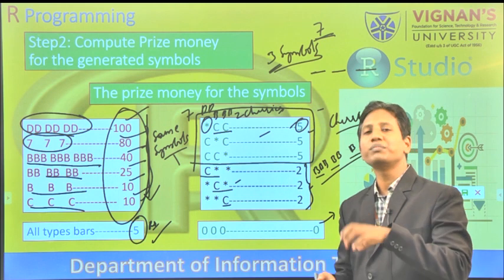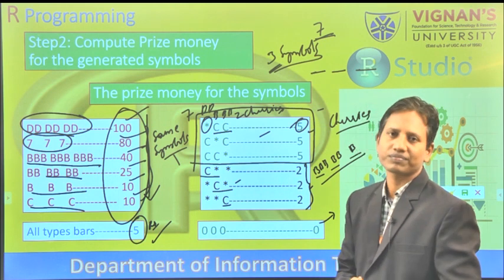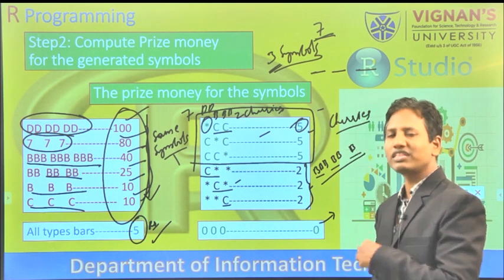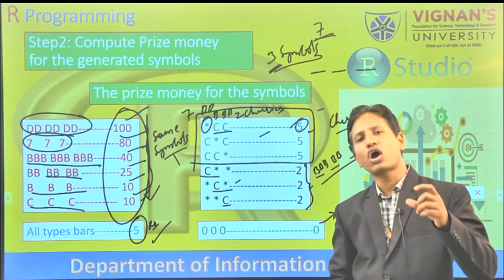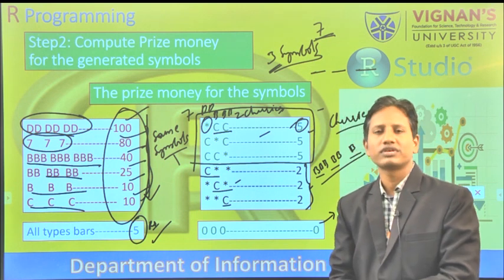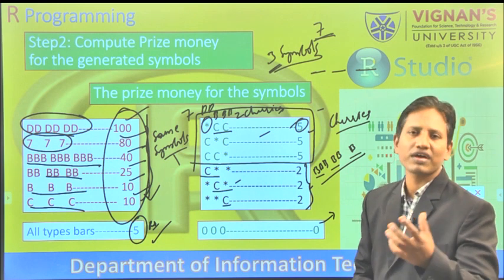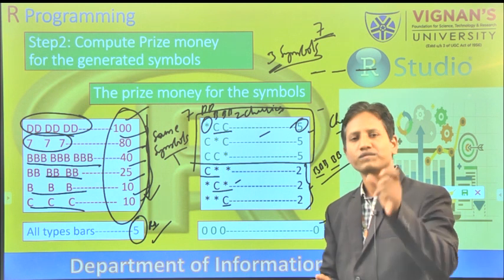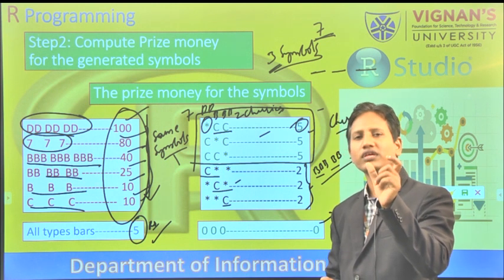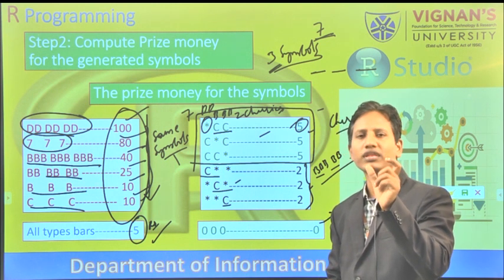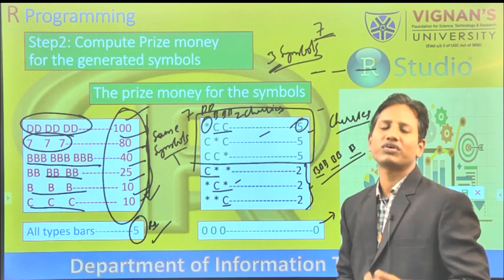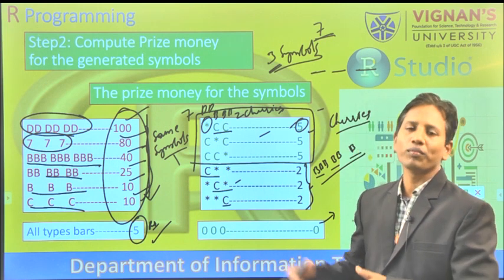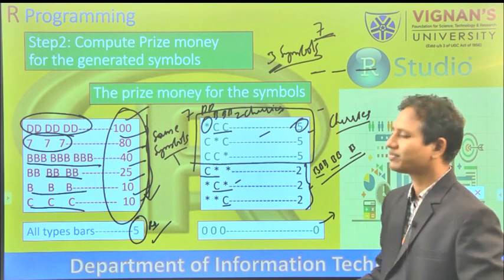Now we have to implement these conditions. We have already seen the program on how to generate the 3 symbols, and those symbols are assumed to be stored in a variable called symbols. Using that symbols variable, we have to compute the value and how many points we are going to get.